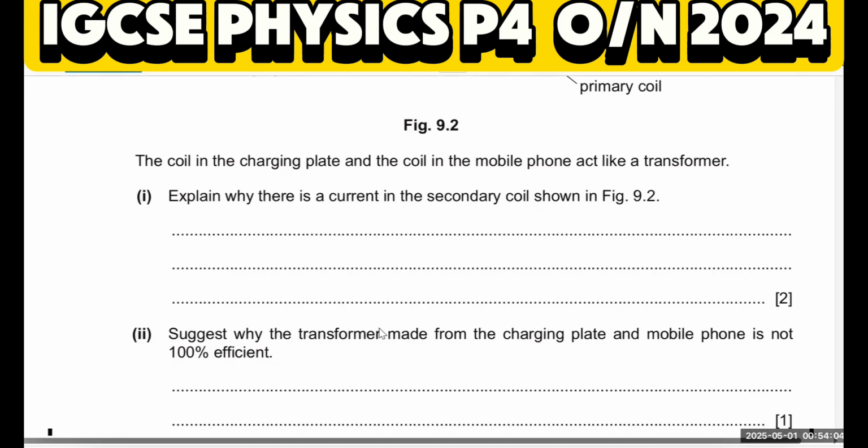Explain why there is a current in the secondary coil. Why? Because the primary coil is connected with AC, as I discussed. AC means alternating current.